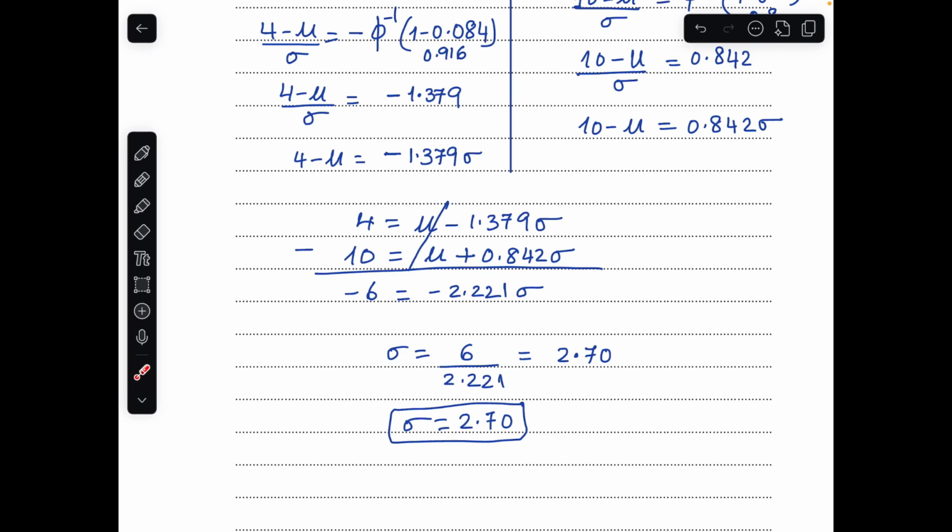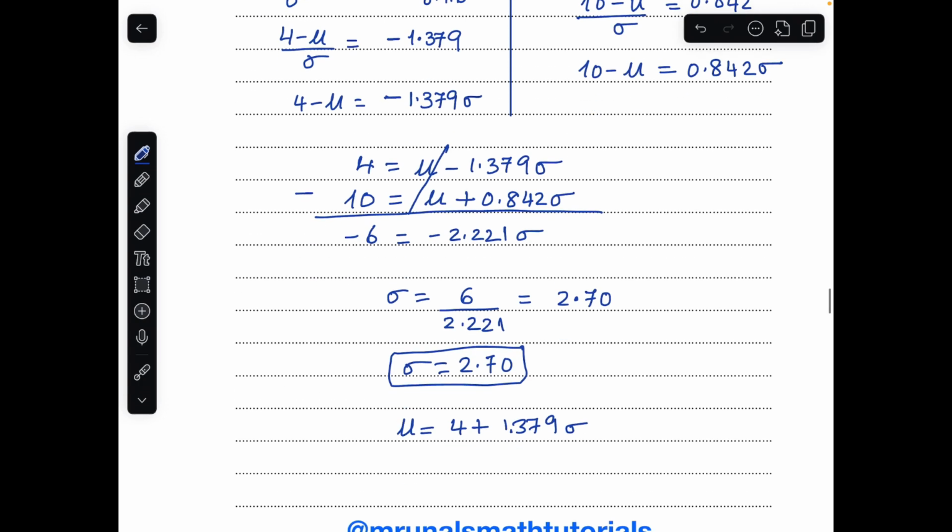Substitute this value in any one equation, either in this one or in this one, to work out the value of the mean. It works out to be, I'm just going to do that quickly, 7.72. All right, that's about this question.